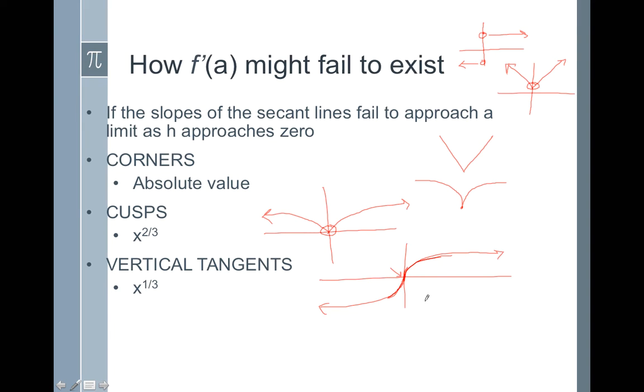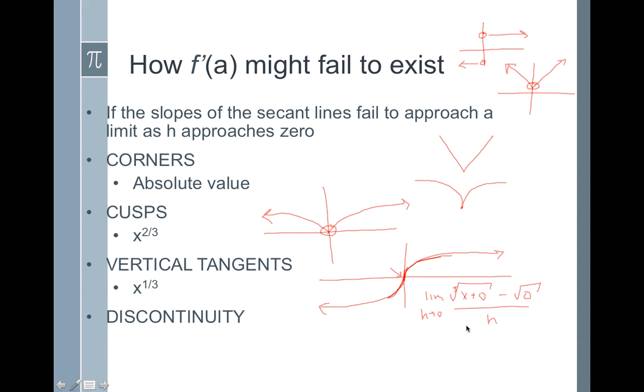Because if you were to try to do the limit definition at 0, the limit as h approaches 0 of the cube root of x plus 0 minus the cube root of 0 all over h, it would end up not working. That whole limit definition of the cube root of x does not work. You would actually end up with an infinity, I believe, in this case, and so therefore infinity would not be an actual tangent slope.